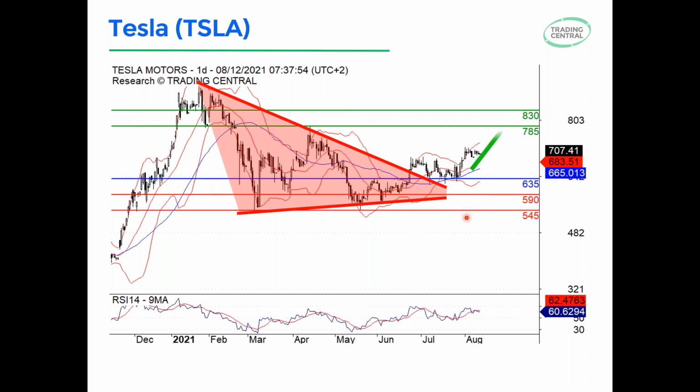Let's have a look. You see, it has just come out from a downside triangle, and all this technical, wow, very good. At least I think it will go back to its previous high, 900. I try to let you know what I know about this company. It's not just an electric car company, an EV company.